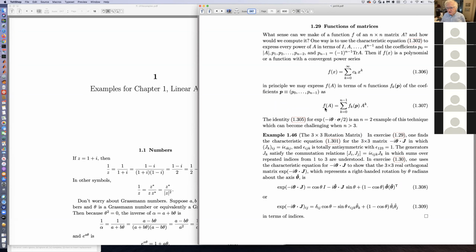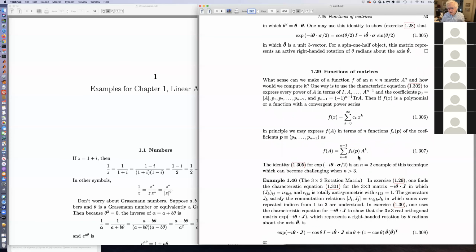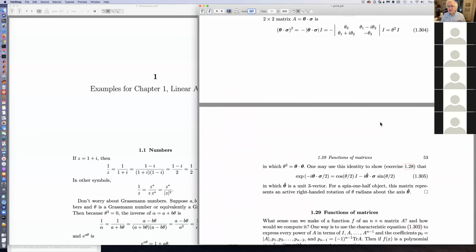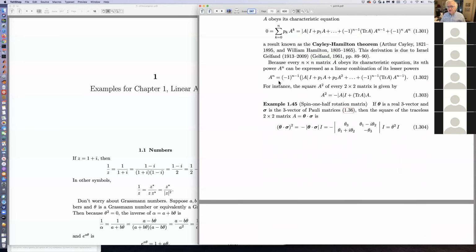Well, you can use the previous theorem. You can start by writing C0 times the identity plus C1 times A plus C2 times A squared and so forth. But then when you get to A to the n plus 1, or even A to the n, you use this relation to express A to the n in terms of the lower powers.